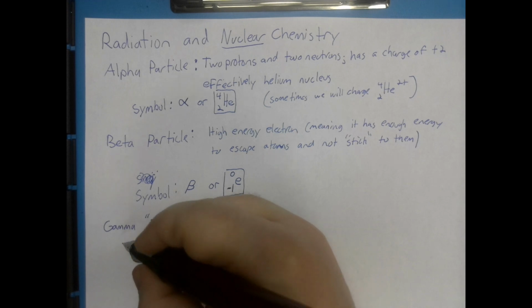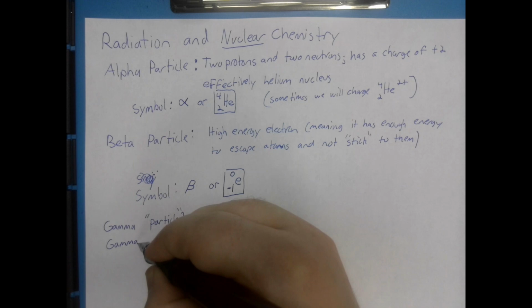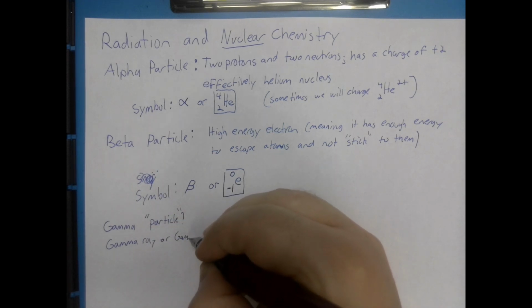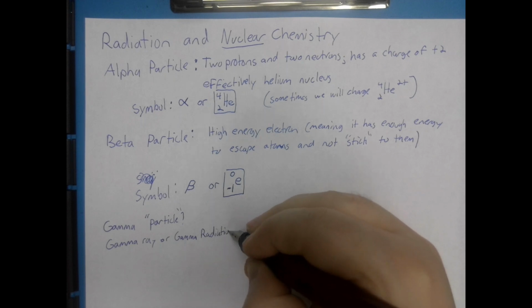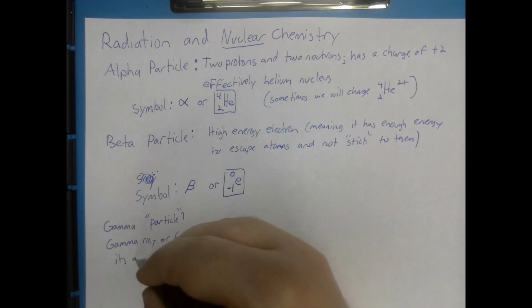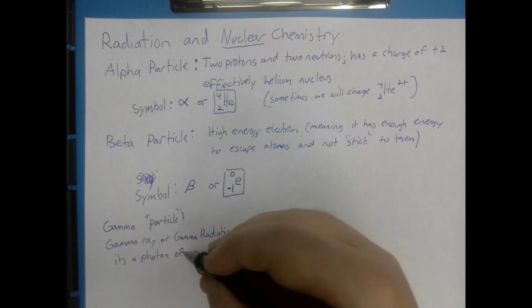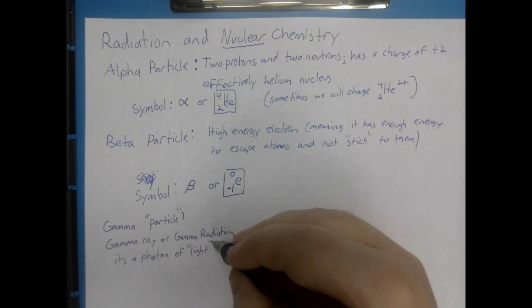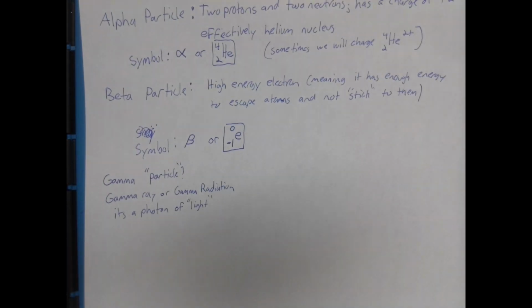It's a gamma ray, or gamma radiation. It's a photon of light. I'll put light in quotation marks. It's not visible light, you can't see it.